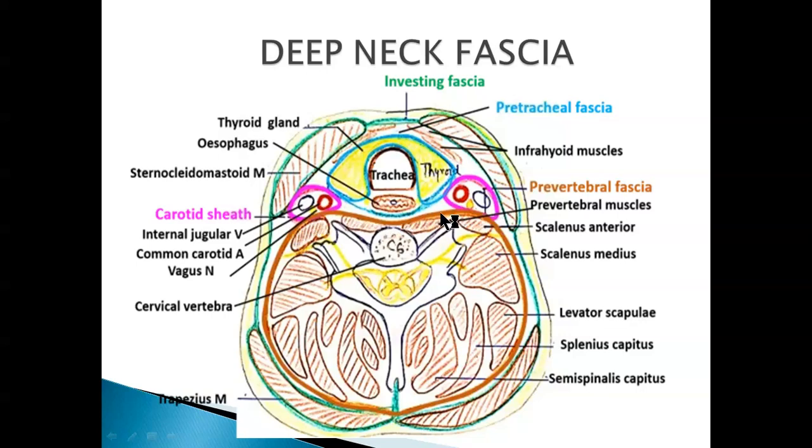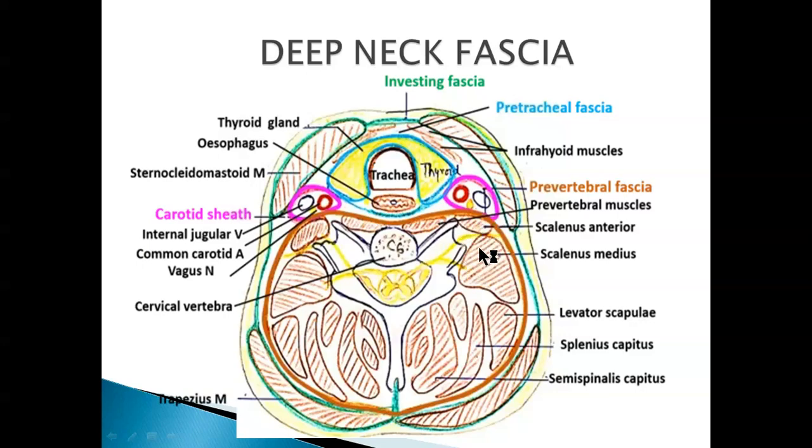Prevertebral fascia, as the name suggests, is just the same way as pretracheal fascia, which was in front of the trachea. Prevertebral fascia is in front of your vertebrae. Here we can see a vertebra, here we can see the C5 body. Prevertebral fascia is over here, and it covers all your prevertebral muscles.